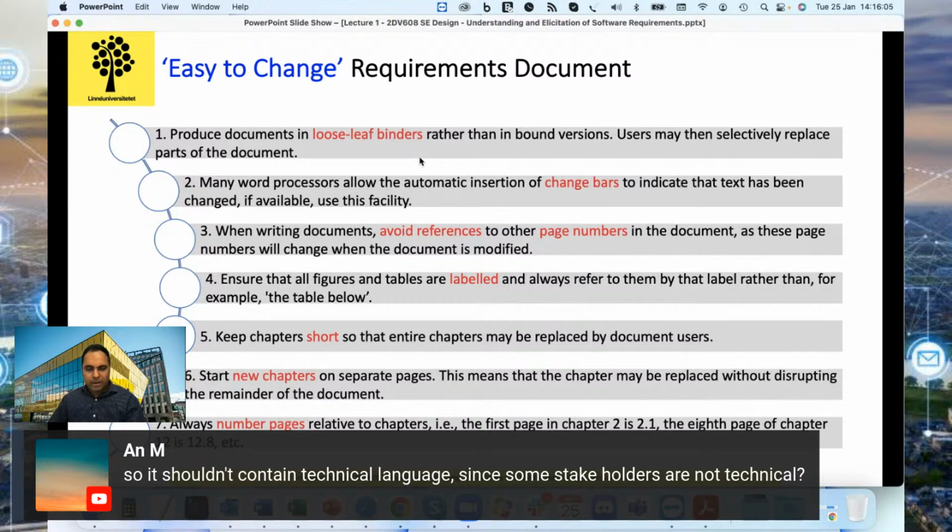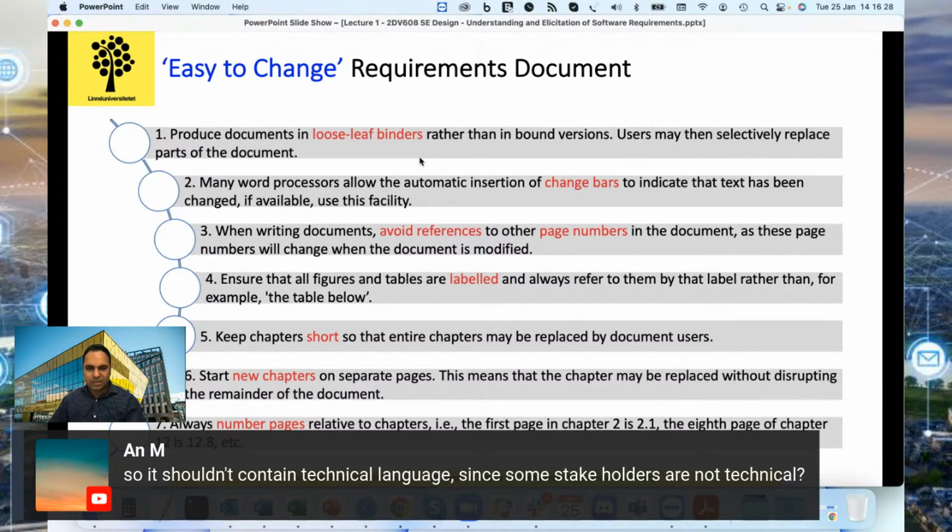Also, if you are, let's say, starting a section or chapter in the middle of the page, and in that page something changed, basically you need to replace that page, which is for both the previous section and the new section, right?